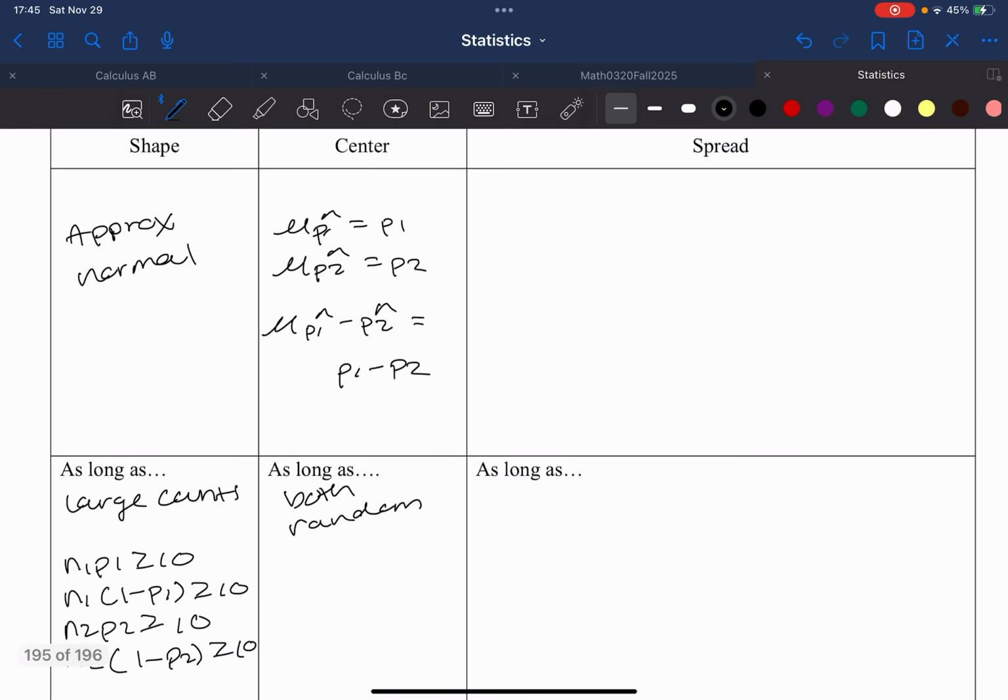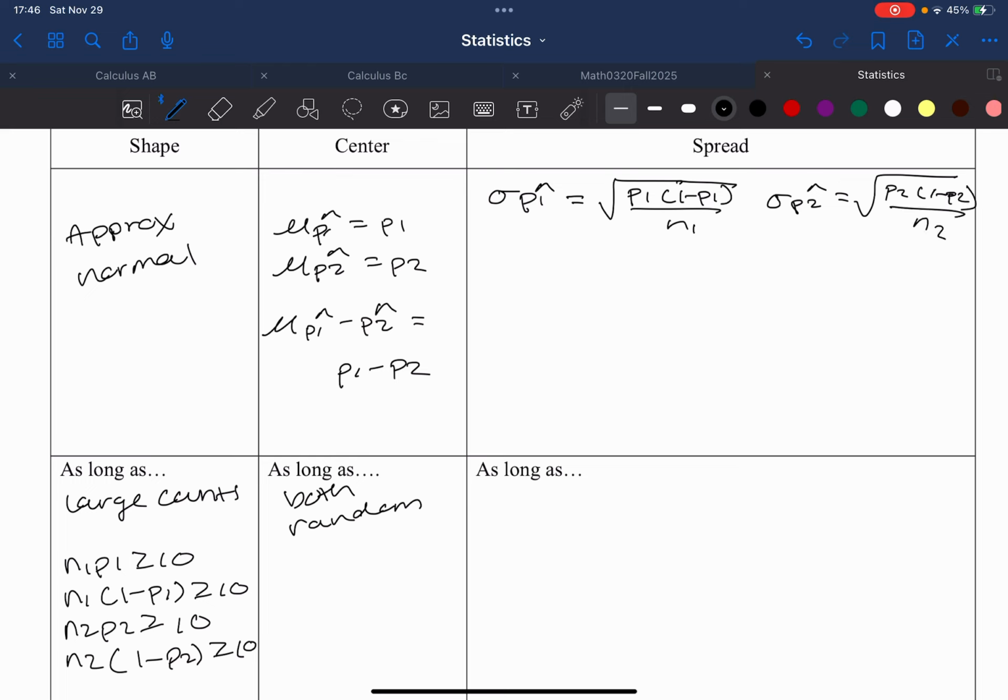And then lastly, spread. We know that sigma of P1 hat is equal to the square root of P1 times 1 minus P1 all over N1, and sigma of P2 hat is equal to the square root of P2 times 1 minus P2 all over N2.